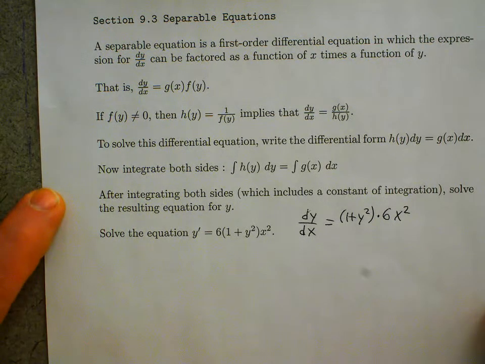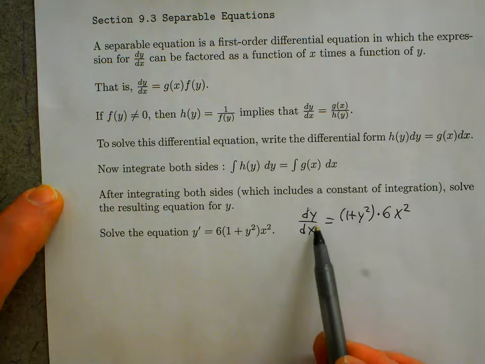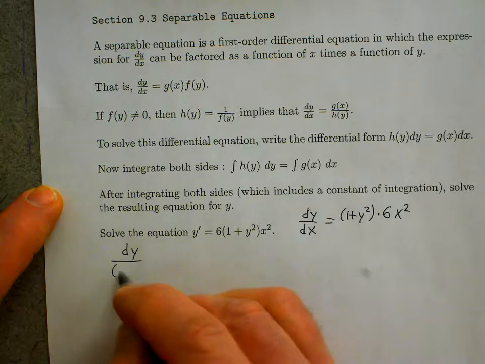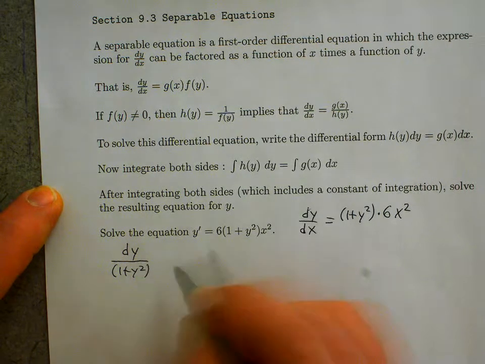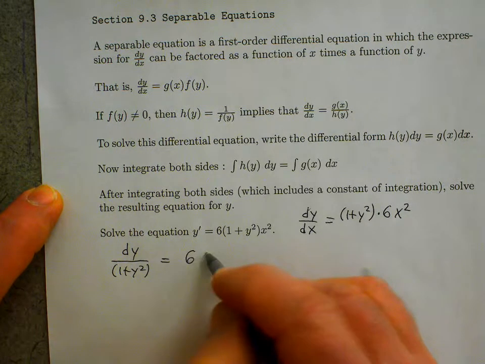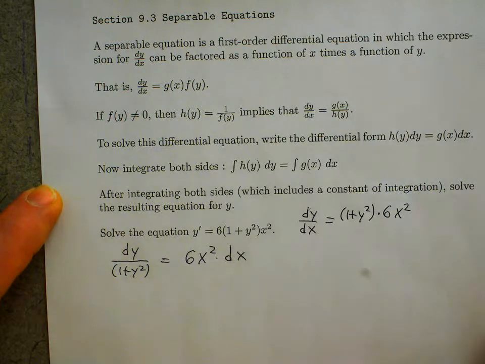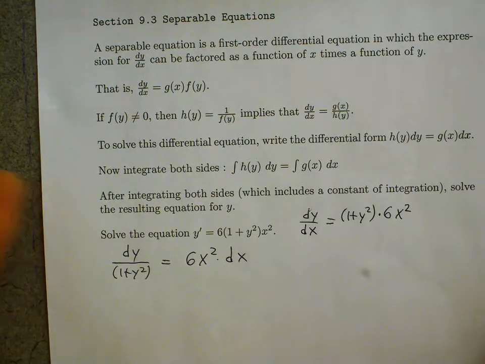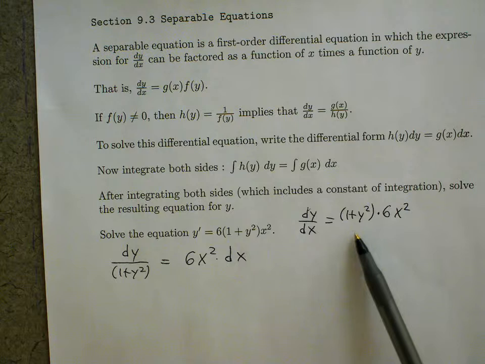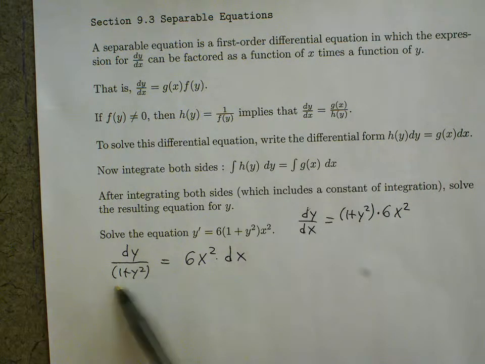So it's separable. On the left-hand side, I'm going to have dy over the quantity 1 plus y squared, and on the right-hand side, I'm going to have 6x squared dx. To get to this form, you can multiply both sides by dx first, and then divide both sides by the quantity 1 plus y squared, and we get this equation involving the differentials.